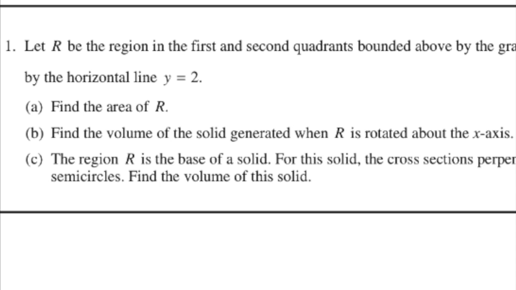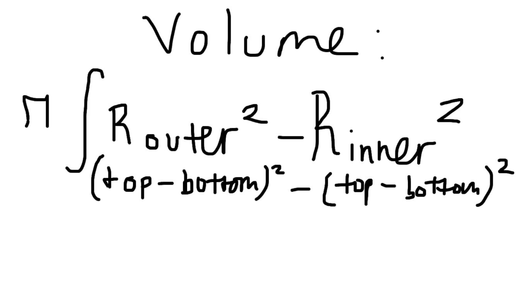Okay, so part B asks you to find the volume of the solid generated when R is rotated about the x-axis. So to find this, the volume formula that you would use is pi times the integral of R outer squared minus R inner squared. In the R outer, you do top minus bottom squared, and then R inner you do top minus bottom squared.